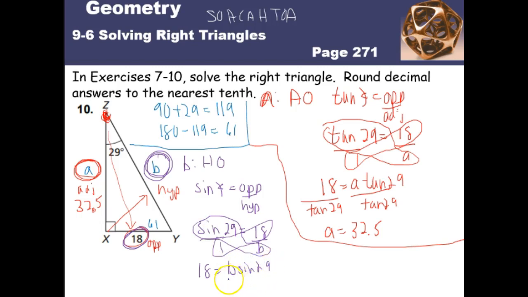So again, B is not by itself, so I have to divide both sides by the sine of 29. So I get B is 18 divided by the sine of 29. So 18 divided by sine 29, and I get 37.1.